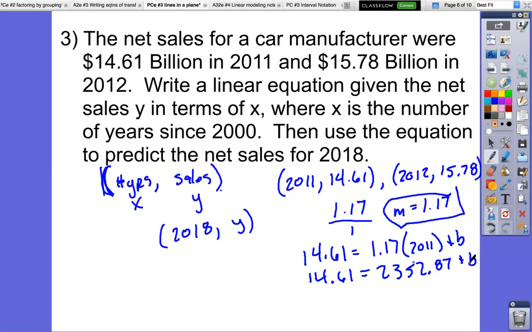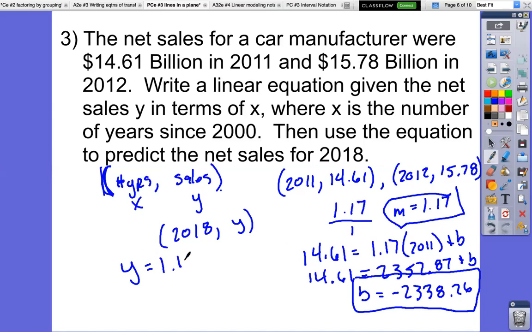So 14.61 minus 2352.87, and I get this. So here's my equation. I'm not ready to answer that last question just yet.